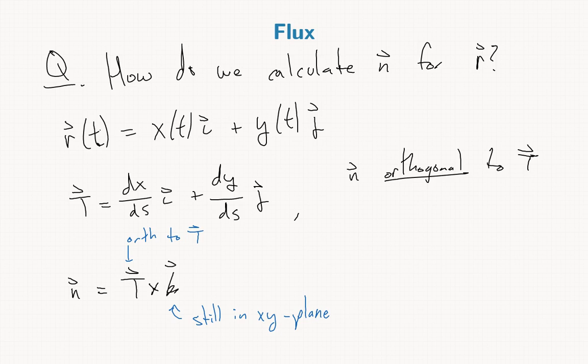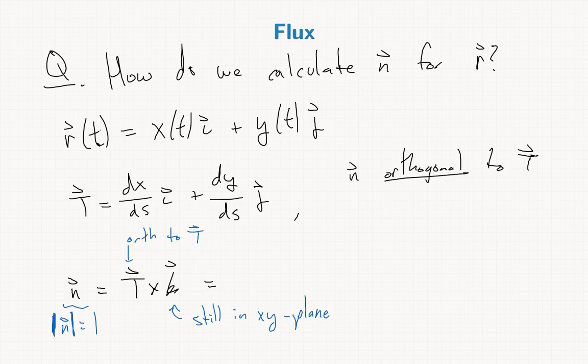for the normal vector. I'll say that the normal vector, from this definition, we can see has norm 1, or has magnitude 1.